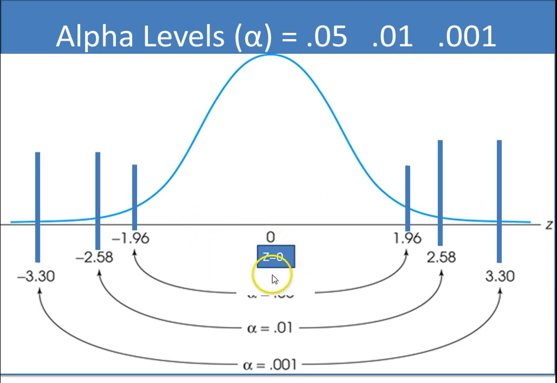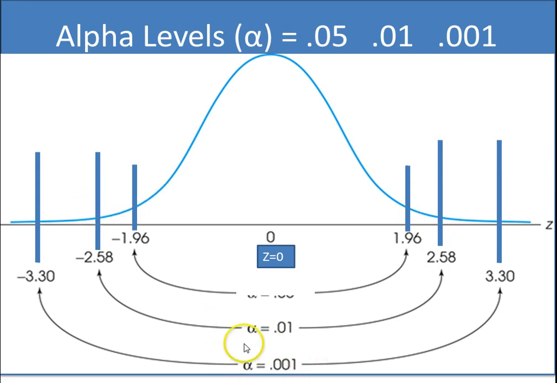Here you can see that if we were going to choose an alpha level of 0.05, it's boxed here, where it says alpha level equals 0.05, then our critical regions would be set here, the two closest to the mean. If we were going to choose an alpha level of 0.01, we would move the critical region to the right and to the left.